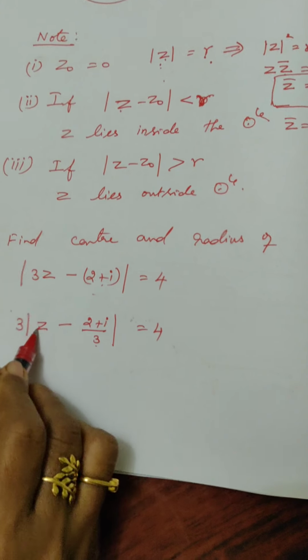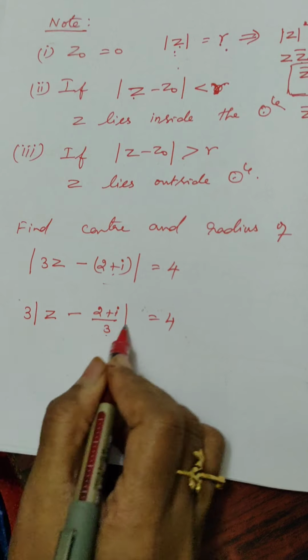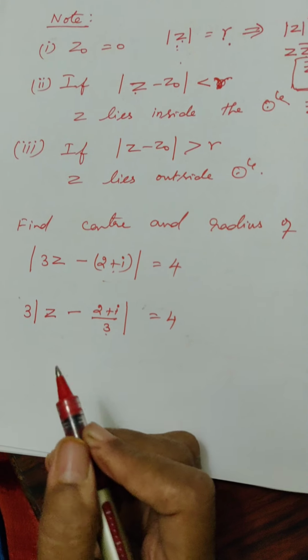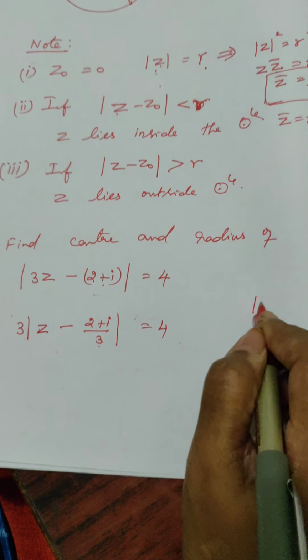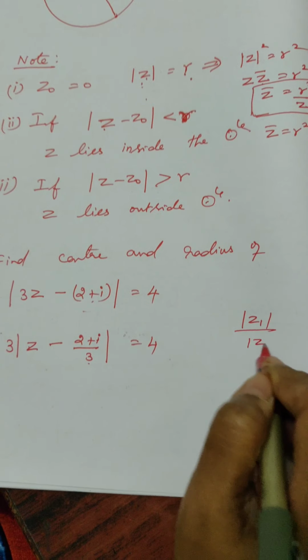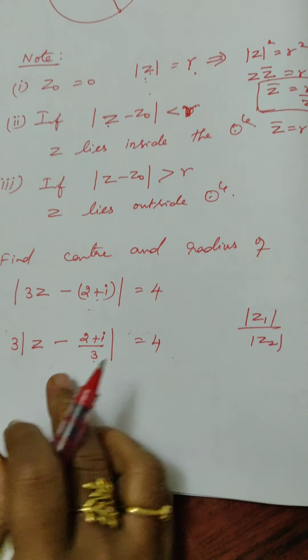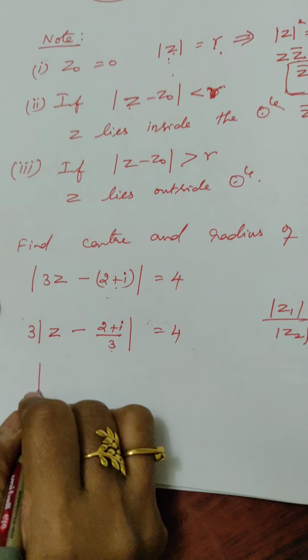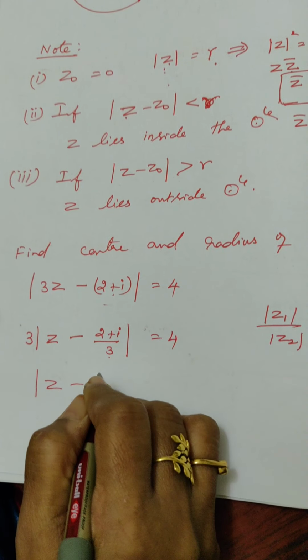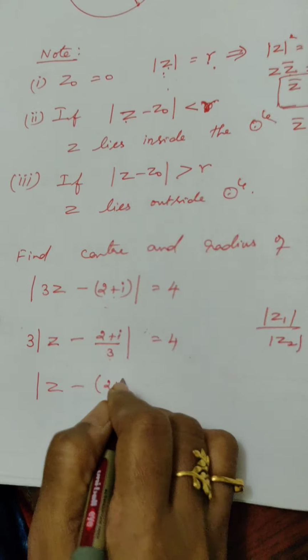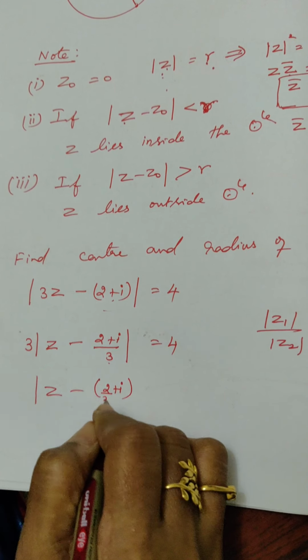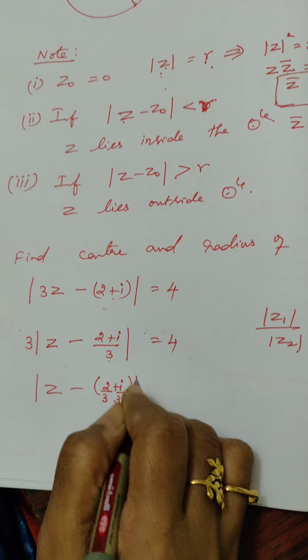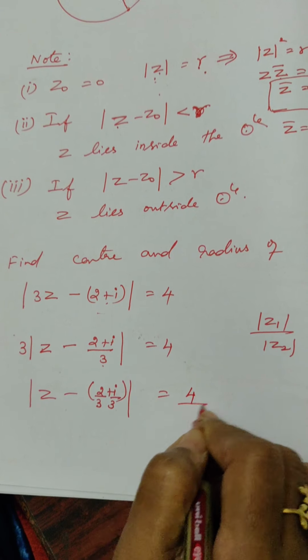Just to check, 3z minus 2 plus i, whole thing divided by 3. That 3 will be cancelled, because modulus of z1 by modulus of z2, where modulus of z2 is 3 here, so the 3s cancel. Okay, so modulus of z minus (2 by 3 plus i by 3) equal to 4 by 3.